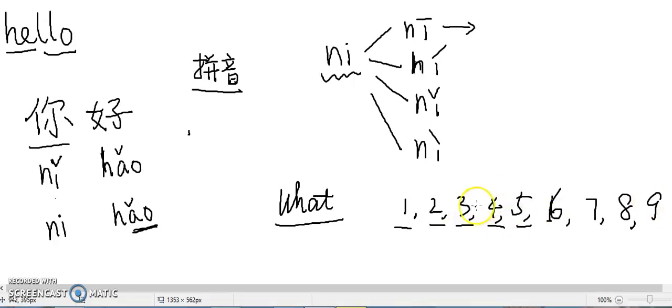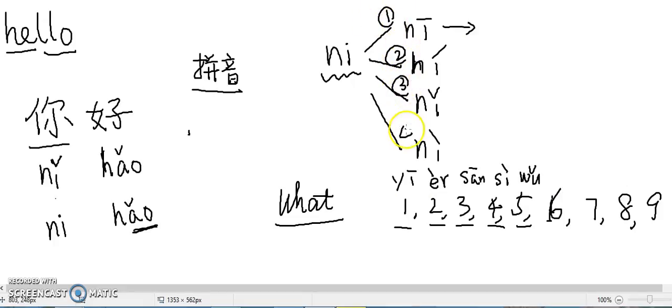But in Chinese, you won't be able to do that. For example, the first one we read as yi, the second one as er, the third one is san, and this one is si, wu. Notice the tone marks. We have the first, second, third, and fourth tone marks.